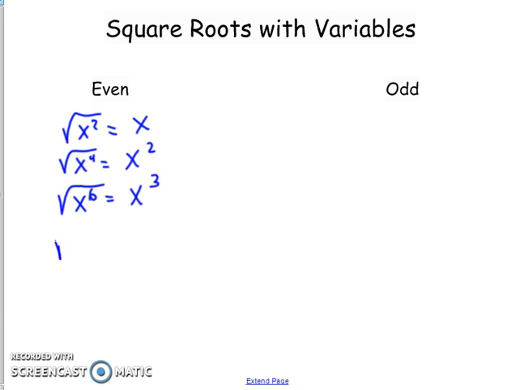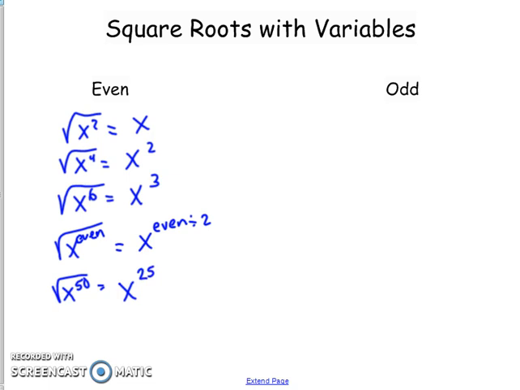So as a general rule, we can say the square root of x to an even is going to be equal to x to that even divided by 2. So for instance, if I have x to the 50th, I'm going to divide 50 by 2, and I get x to the 25th. And these values go outside of the radical. They're not in the radical anymore.